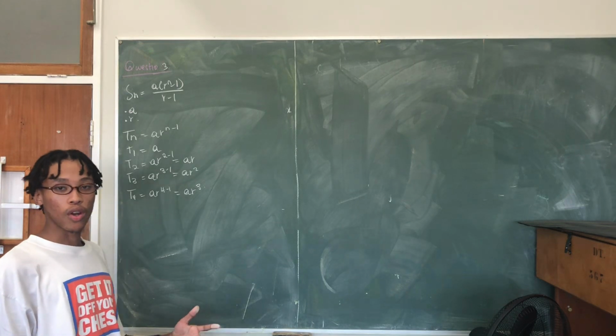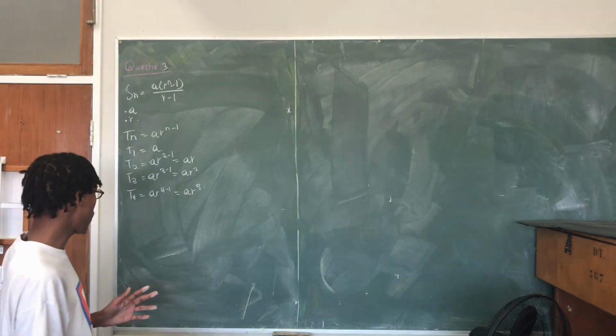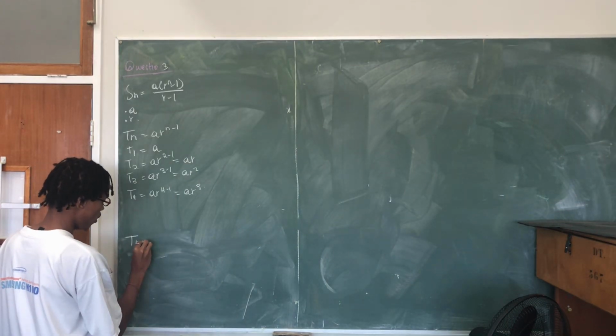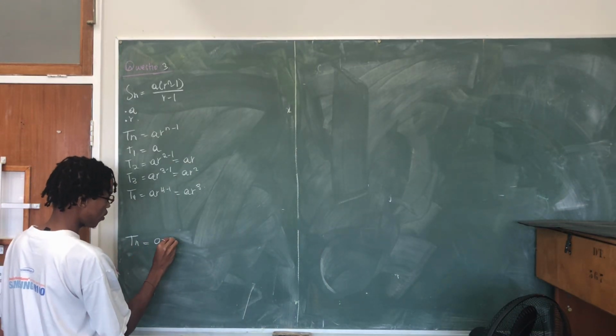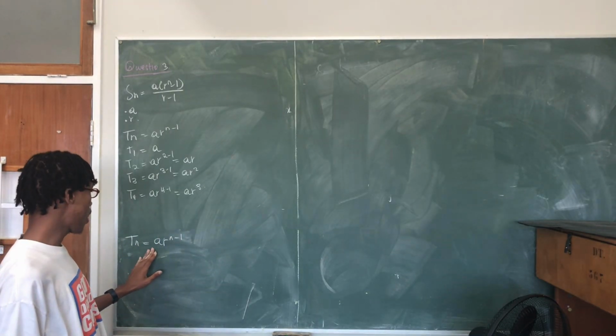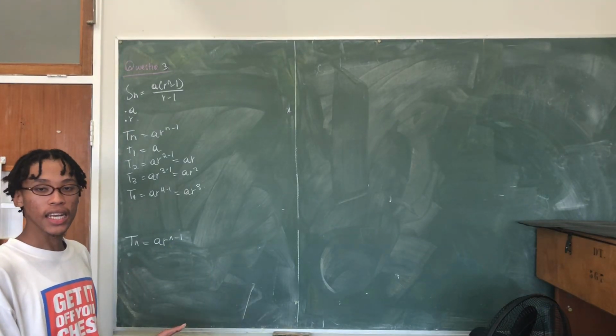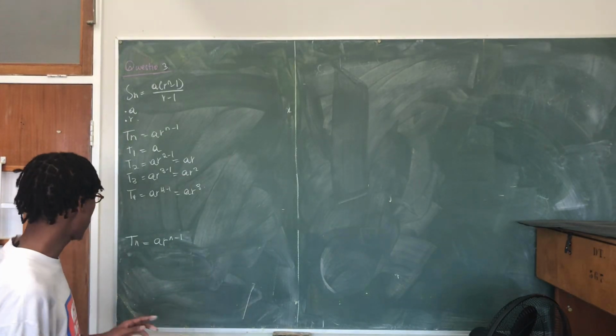And since we do not know the number of terms in this sequence, our final term can be expressed as Tn is equal to a r to the power n minus 1. This would be our last term, with n representing any number of terms within any given geometric sequence.